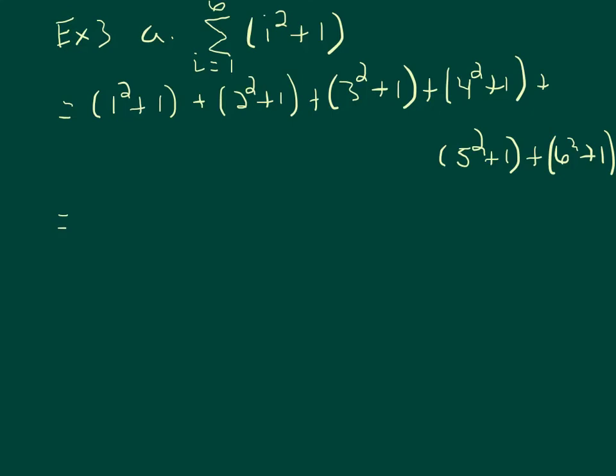Each one of these, we're going to evaluate. So 1 squared is 1 plus 1 is 2. 2 squared is 4 plus 1 is 5. 3 squared is 9 plus 1 is 10. 4 squared is 16 plus 1 is 15. 5 squared is 25 plus 1 is 26.